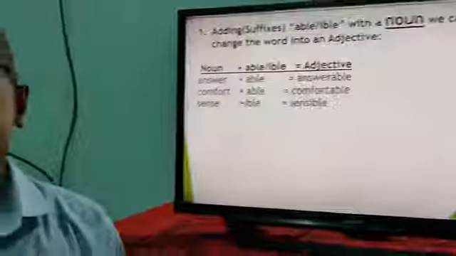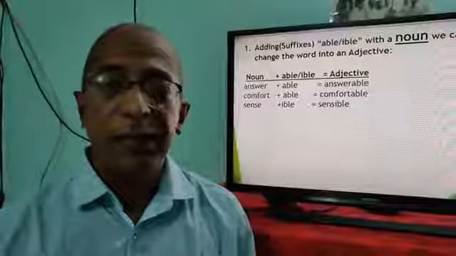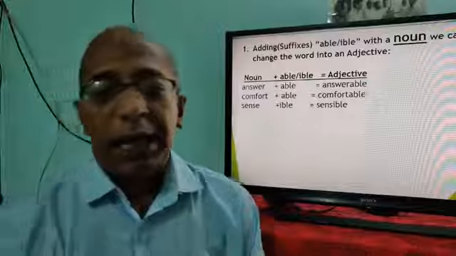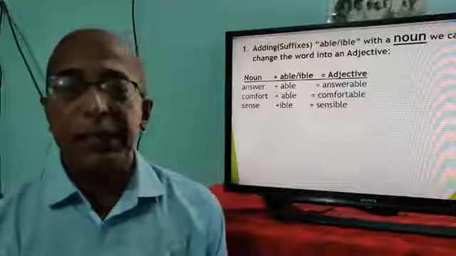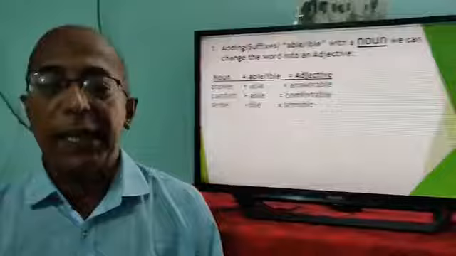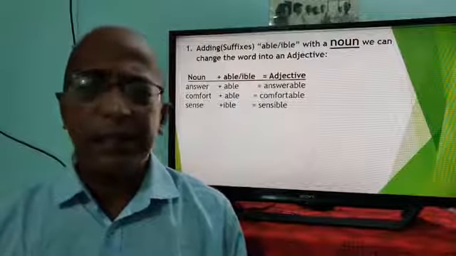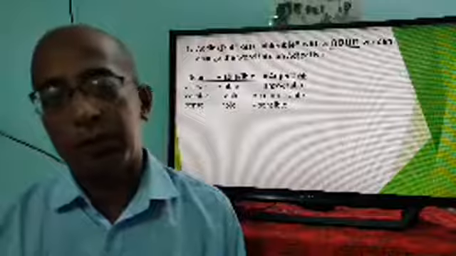There are some suffixes that are mostly used in English grammar. Tion, sion, ment, nce, ence, ship, these suffixes are used to form nouns.